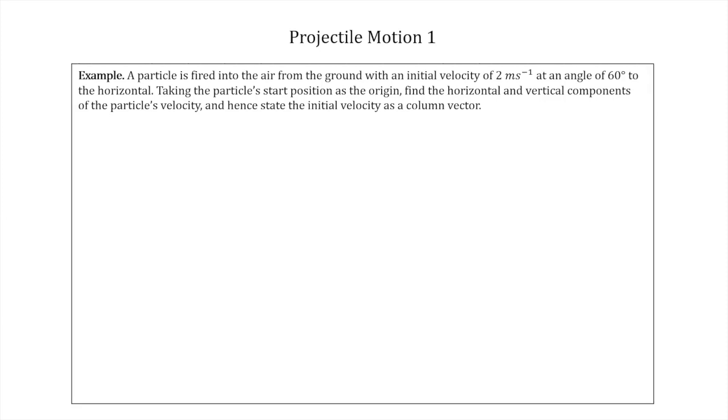We don't have to be as aware of that, because even though it's a vector, we can sort of consider it to be a scalar. We just have to worry about the sign. Is it positive or negative? But now it's actually moving in two dimensions, so it's going to have horizontal and vertical components. So this is a vector we've been given because we're told its velocity is 2 meters per second, but also the angle that it's fired at to the horizontal is 60 degrees.